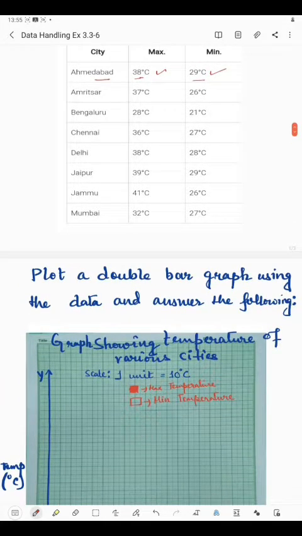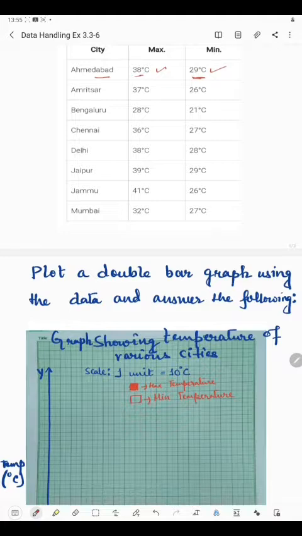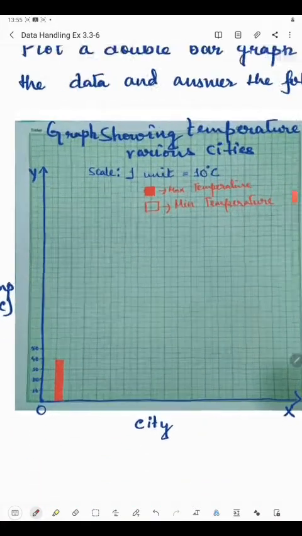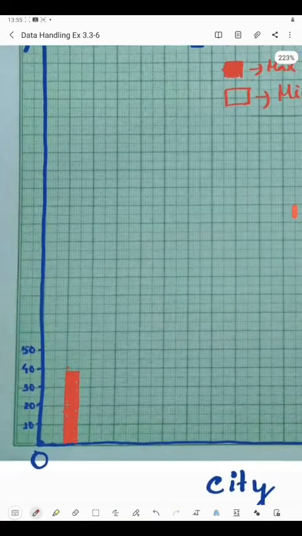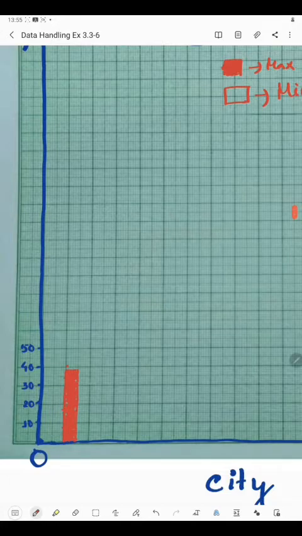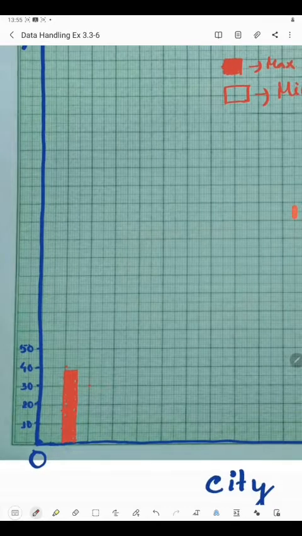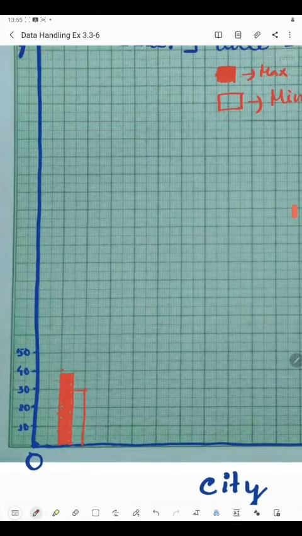Minimum temperature of Ahmedabad is 29. Now where is 29? See, here is 30. So 29 means one box less than this. So here is 29. So this is showing maximum temperature. 5 box is showing maximum, and this 5 box is showing minimum.